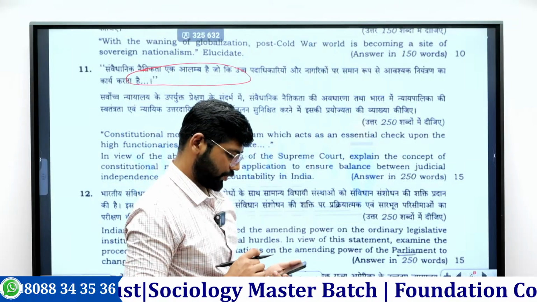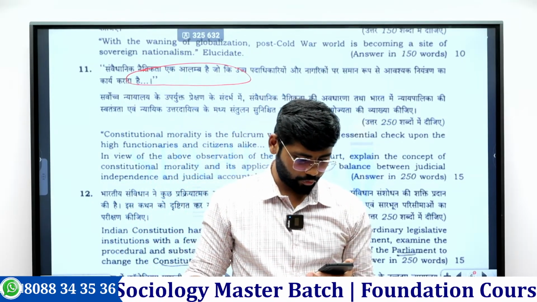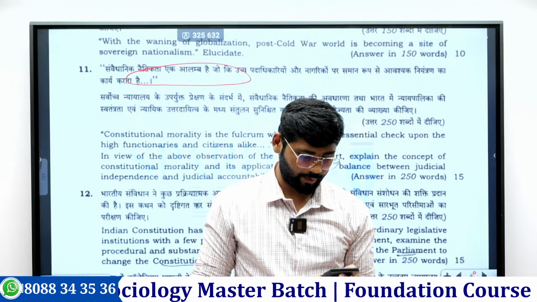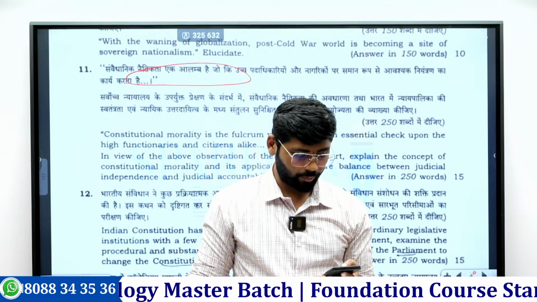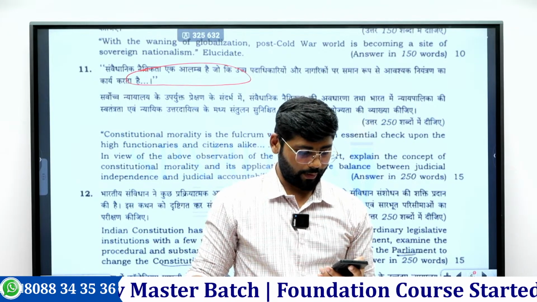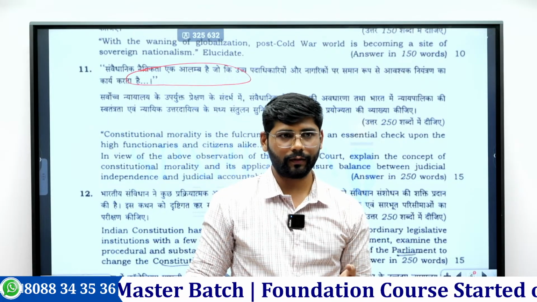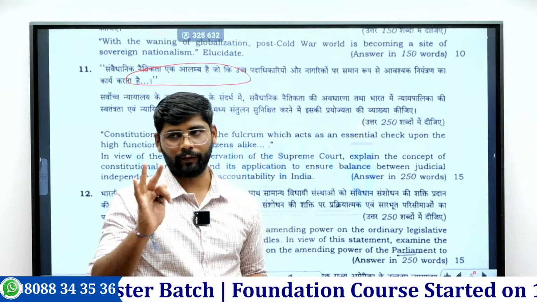This question was asked in 2021: constitutional morality is rooted in the constitution itself, it is founded on its essential facets. Explain the doctrine of constitutional morality with the help of relevant judicial decisions. I guess in 22 also they asked, so before this they have asked twice, including this, three times now.